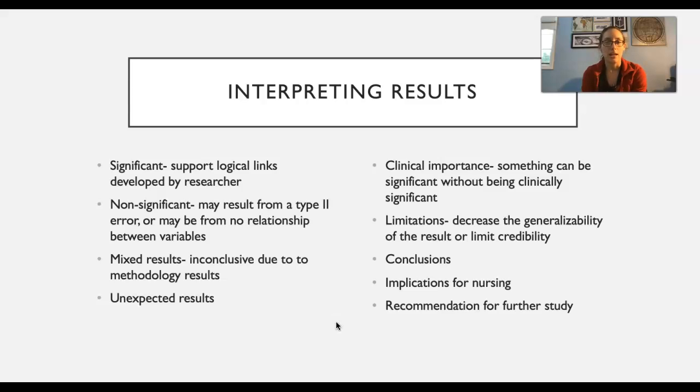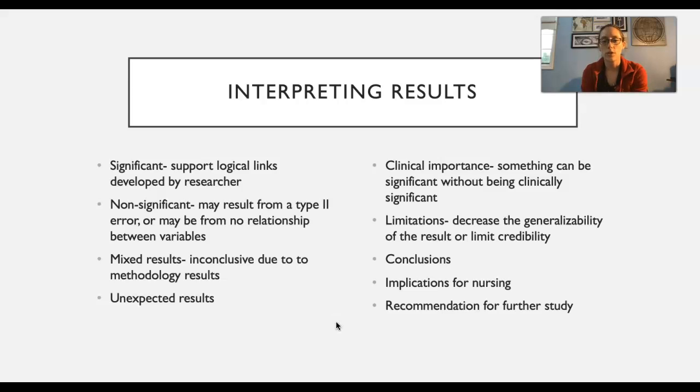That may be a statistically significant difference, but clinically it really doesn't do much for the patient. Their blood pressure is still probably too high if all we're seeing is a 2 millimeter of mercury difference. So clinical importance is something that we really have to look at as nurses to determine whether or not the study is actually worth something or not.